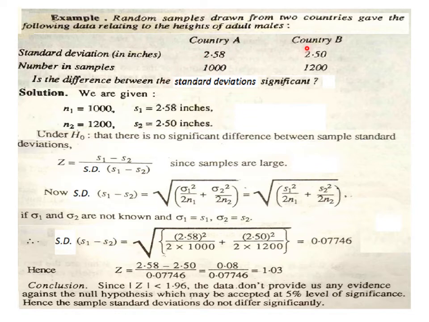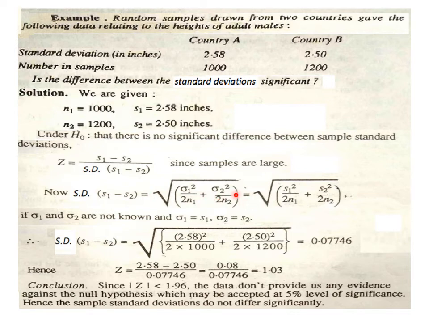Under the null hypothesis H0 we assume that there is no significant difference between the sample standard deviations, and then we use this formula of Z which we discussed on the previous slide. As the samples are large, it's easy to use this, and SD, the denominator of that formula, is to be calculated, whose formula is given in this form.